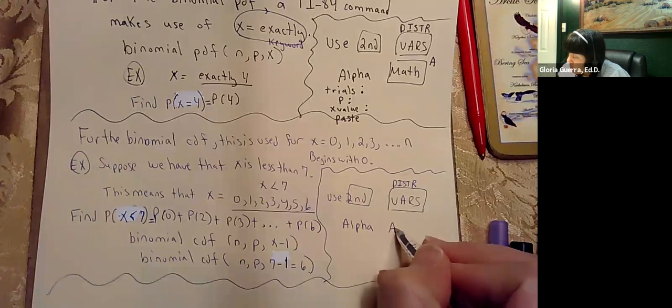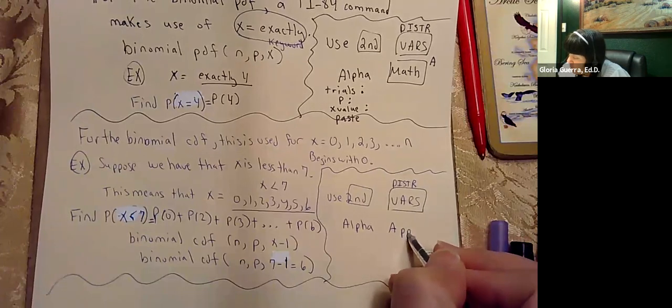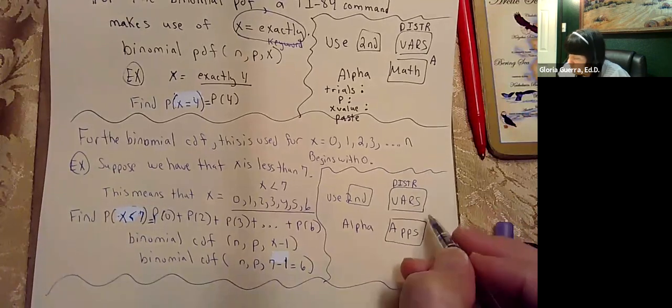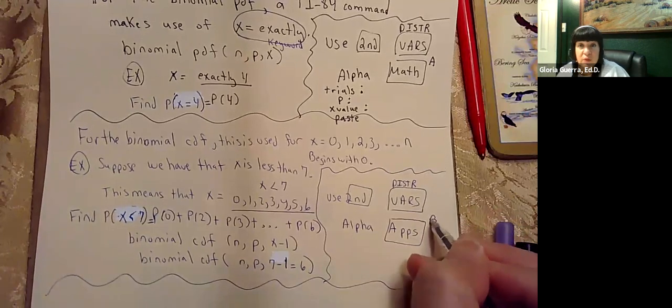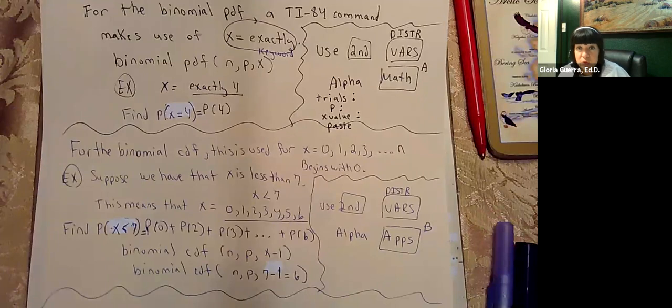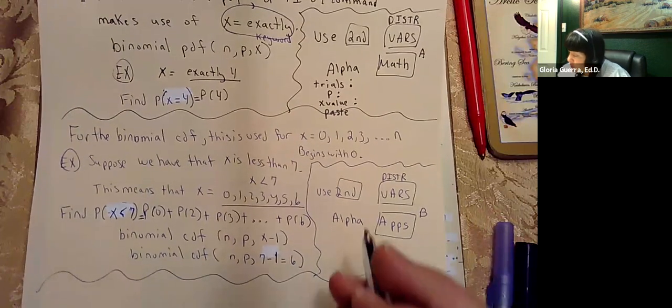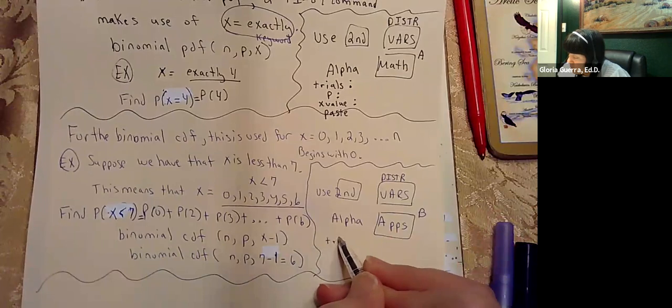So they all use alpha, but one uses math and one uses apps, because one uses option A, and the other one uses option B. Okay. But other than that, this will look the same as before.